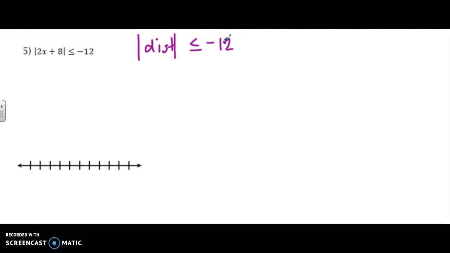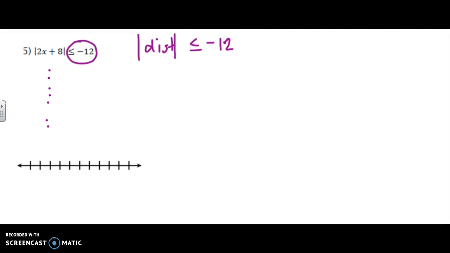Well, you tell me, can you ever have a negative distance? So if you can't have a negative distance, when is your distance ever going to be less than a negative? Okay, so without doing any work, I can look at this and say this thing here isn't even possible. So why spend my time doing all this stuff only to find out they're never going to cross each other?